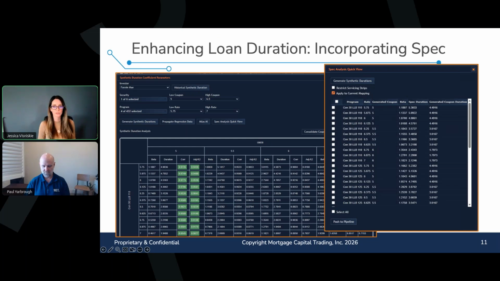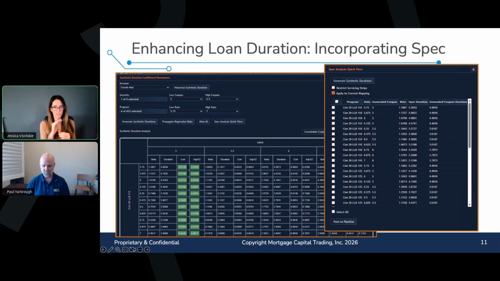I'll focus you first on the columns that are highlighted in green. So these are the results of the regression analysis. And in that very first section, it's describing the price behavior between the CON 30 LLB 110 for a given note rate and that UM35 TBA.